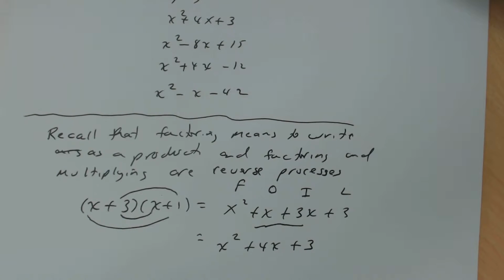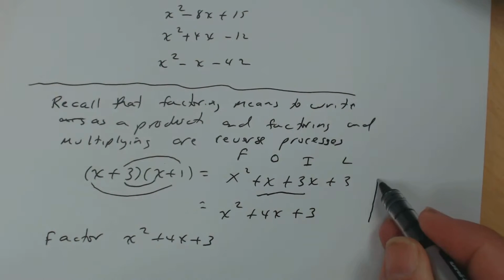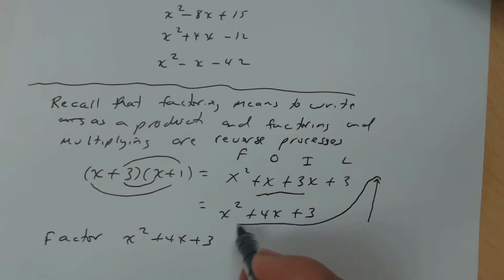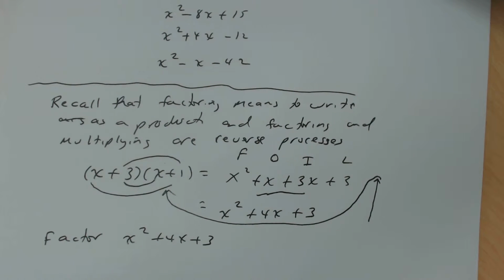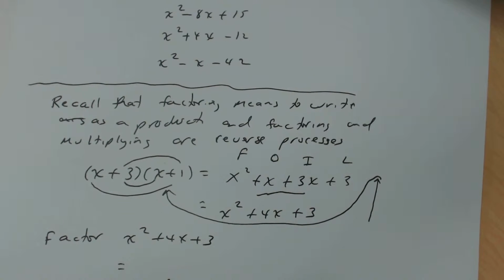So when we say factor x squared plus 4x plus 3, you're basically going to go backwards and come up with this answer. You're going to rewrite this as the product of factors.